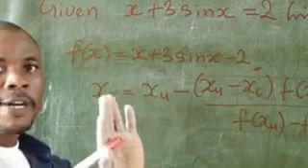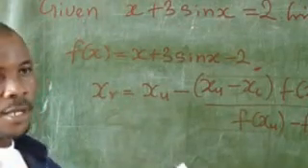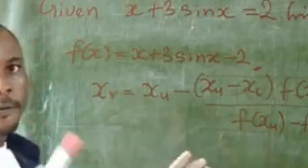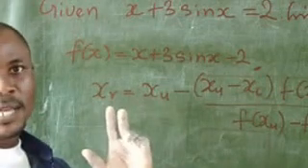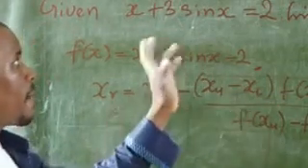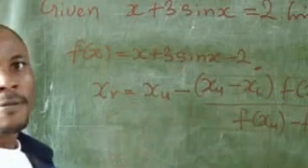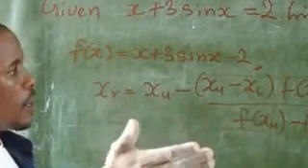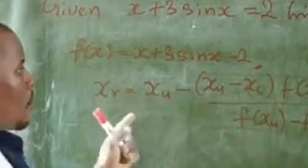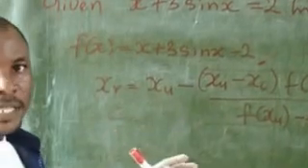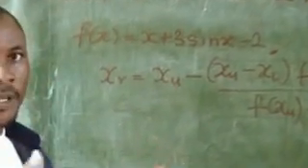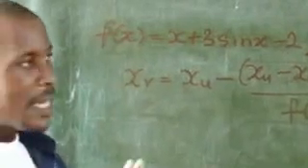Very important, the values you choose are such that f of x for those two values will not have the same sign. For example, if f of x, when you take the first value, is negative, take another value so that f of x at that point will be positive. That tells you that in between that interval there exists a root. That is how to choose.